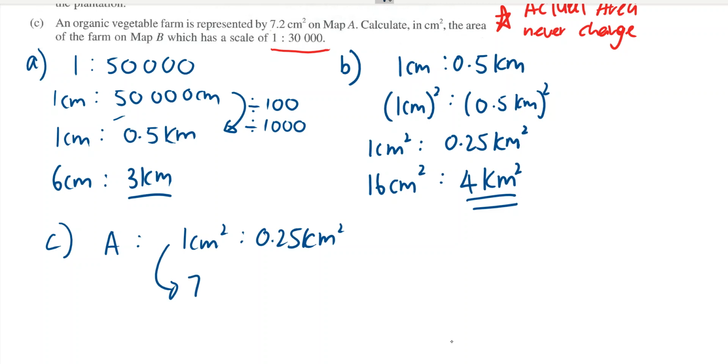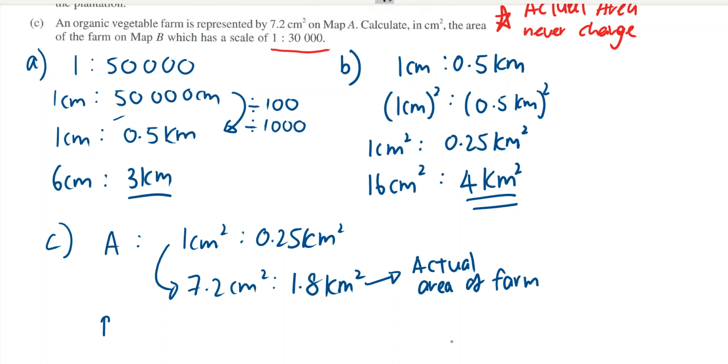Now I need to find 7.2 cm square is to how many? So 0.25 times 7.2, and that would be 1.8 km square. What does this 1.8 mean? It means the actual area of the farm.